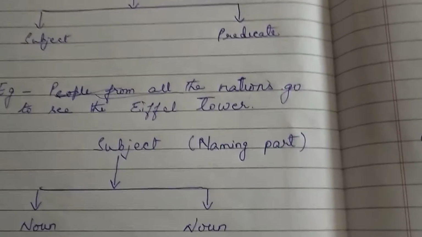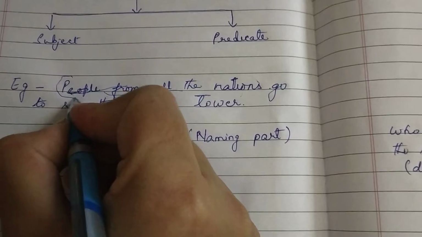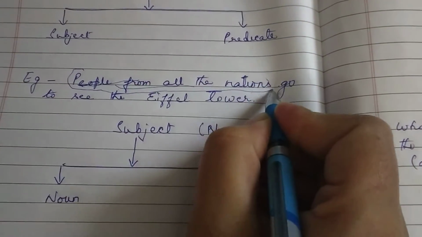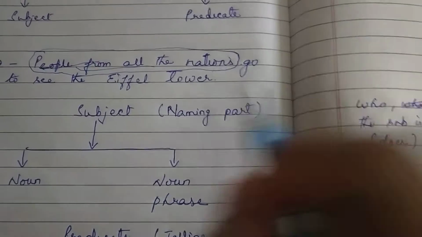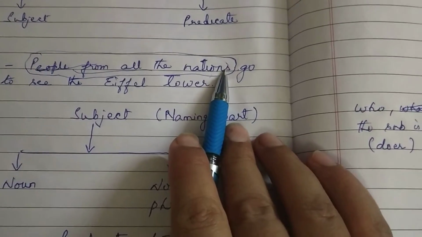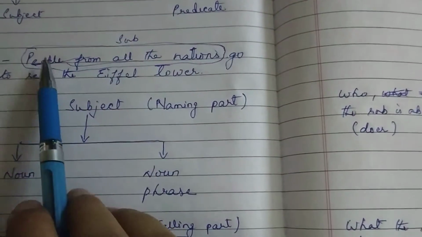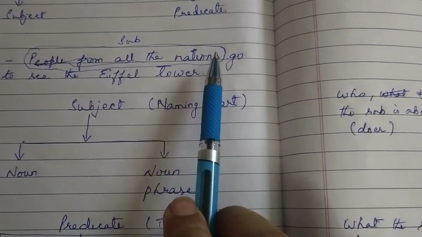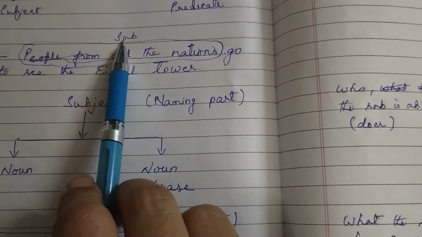In this sentence, you can see the people from all the nations. People is the noun, and from all the nations is the noun phrase. So this is your subject, because people is a noun and from all the nations is connected with people only. So it is the subject part.